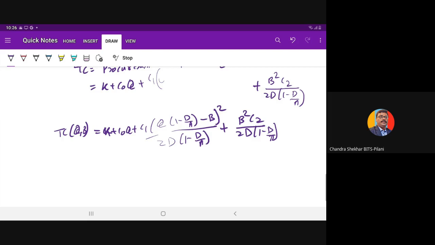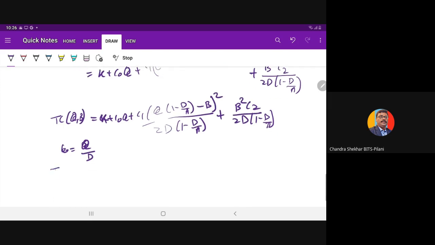During the derivation we have seen what is the T naught. T naught is Q upon D, right. So if you compute total cost per unit time, it will become TCU, the function of Q and B, that is the TC of Q, B upon T naught.